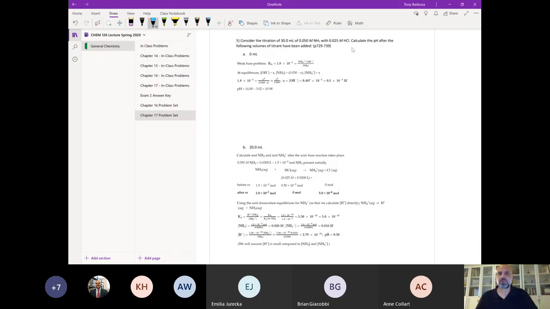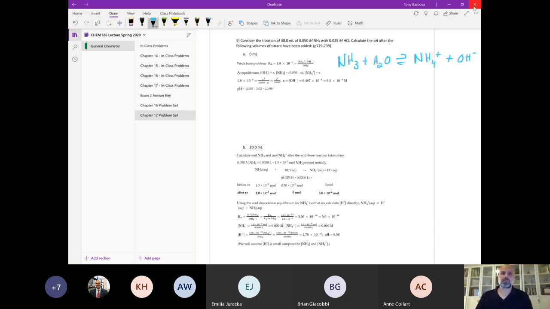So when you mix a base, in this case ammonia, NH3 plus water reacts in an equilibrium fashion to give you the ammonium ion plus hydroxide ion.